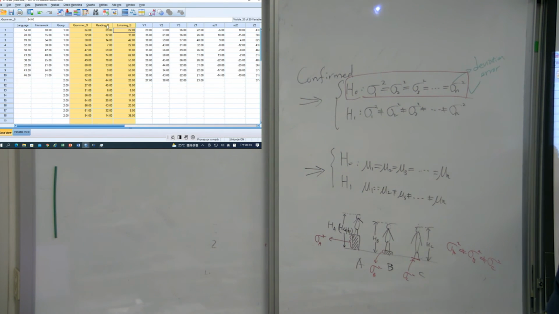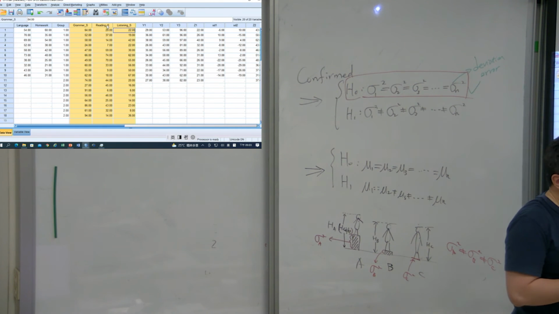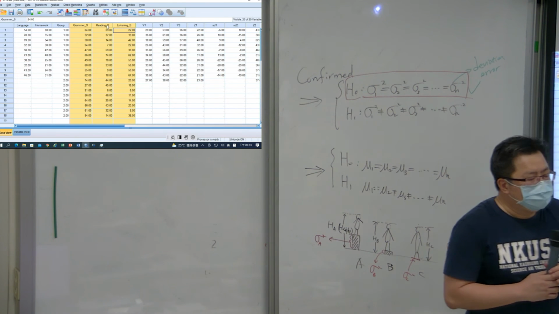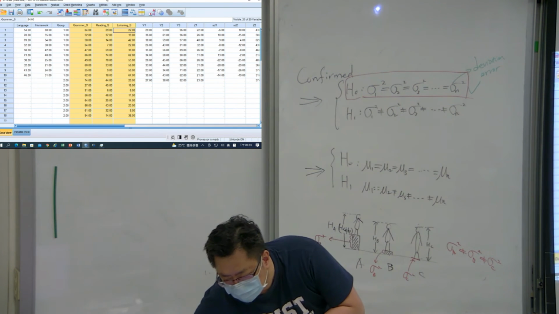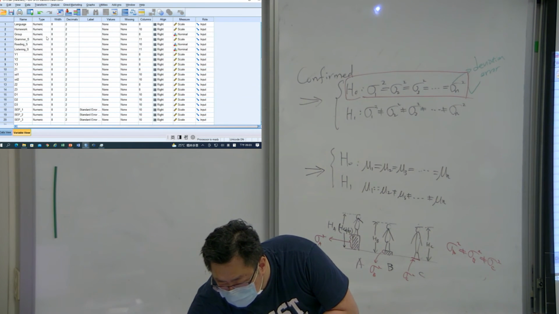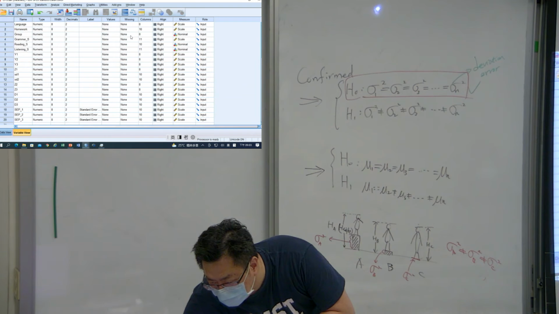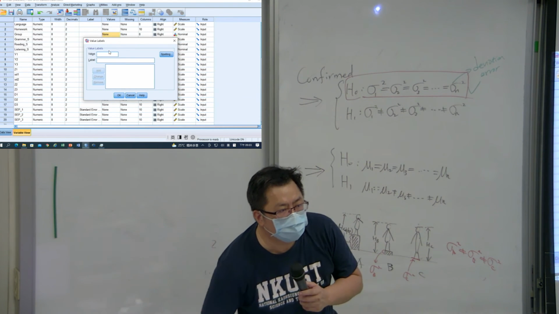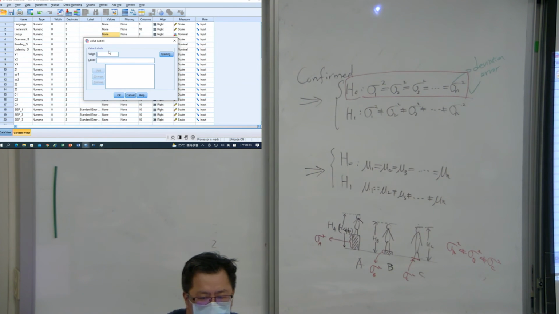So here, 1 is the first group, the students under the experimental condition. The second group is the students under the control. I also suggest that when you key in the data, you define the value, 1 is what.